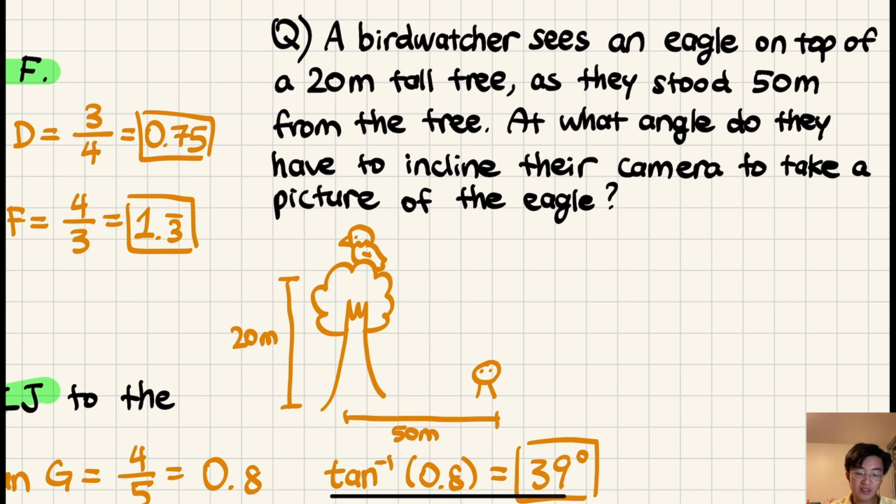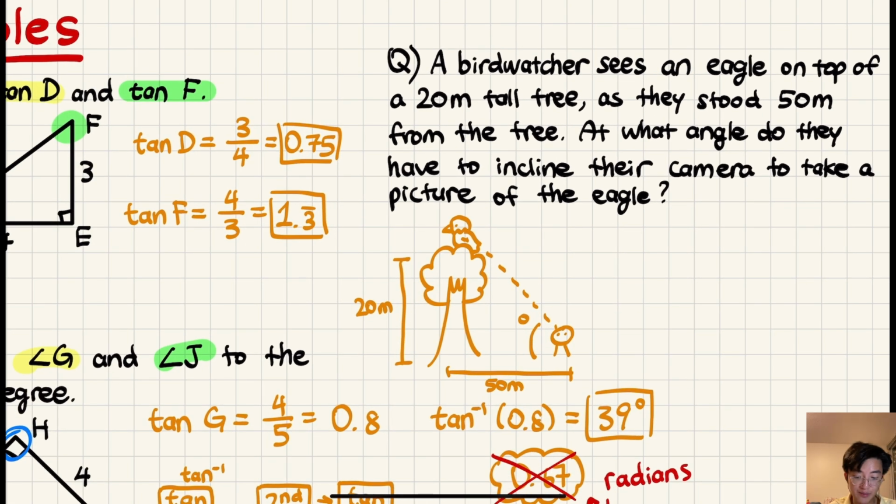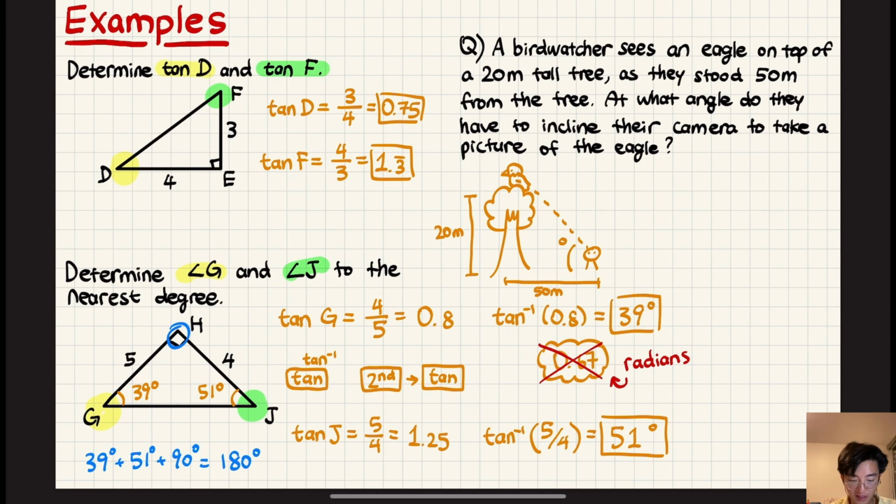They're 50 meters away from the tree. And now we're asking, if they want to take a picture of the eagle, what angle do they have to incline their camera? So all we're asking for is, what is this angle right here? At what angle can they aim their camera to look at the eagle?